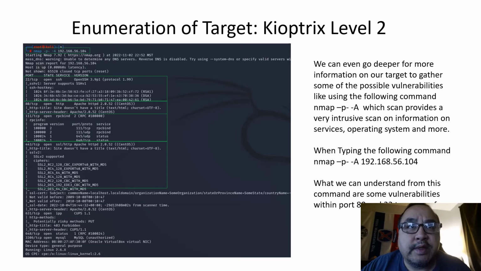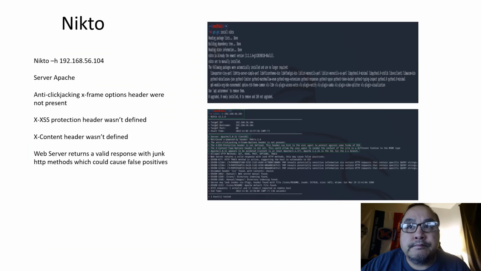You see that port 22 TCP has an open shell, port 80 TCP has an open Apache 2.0.52 vulnerability. Then port 111 TCP has an RPC bind vulnerability, and a whole bunch of other ones.